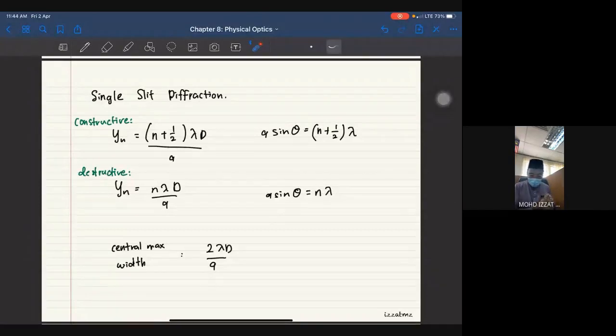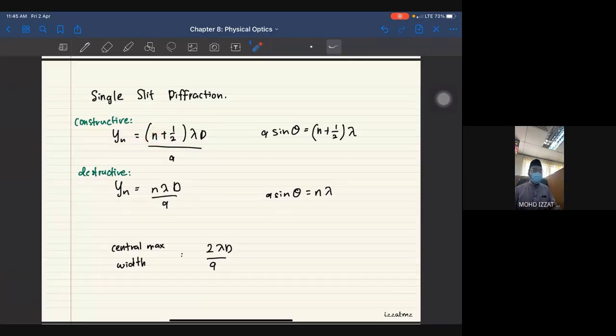Okay, single slit diffraction. The formula is very similar to the double slit one. There are just a few small changes. The most obvious one is down here. For double slit you have D, now you have a. I will explain the difference between a and D. Another one is that n plus half and n are swapped. Before, n plus half was for destructive. Now n is for destructive. And before we used m, now we use n.